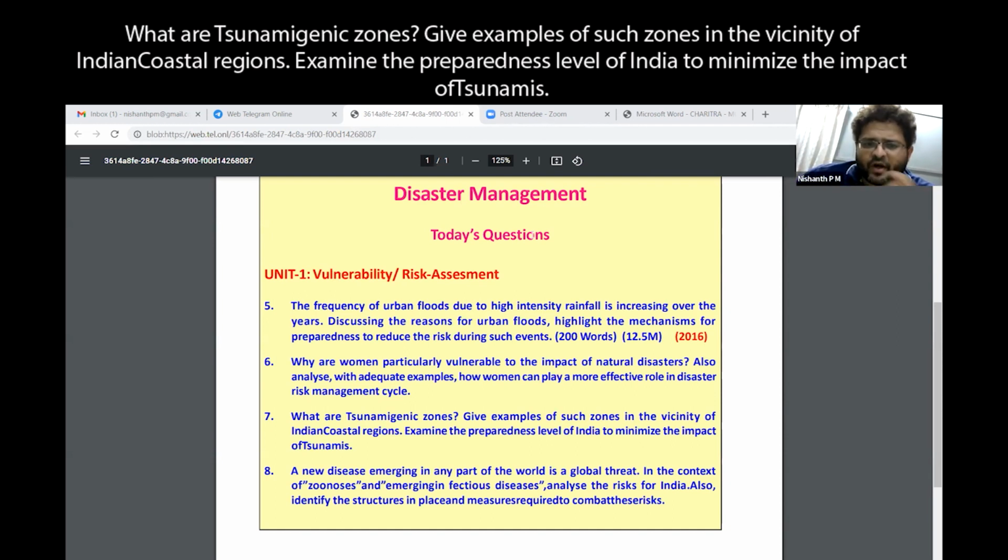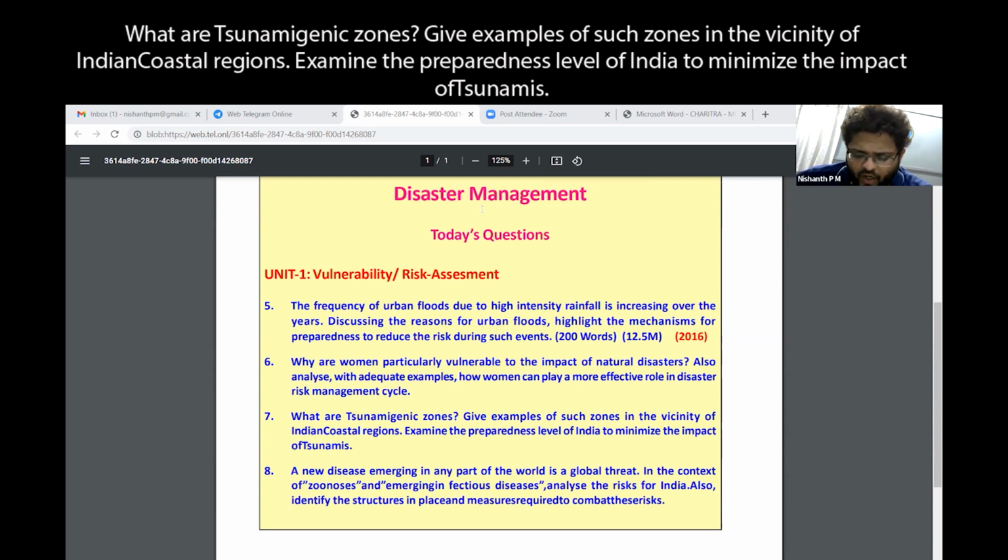So what is the other tsunami-genic zone? Within the vicinity, which is close to the Indian Ocean. So the question is, one is the Andaman and Nicobar and the Indonesian belt.